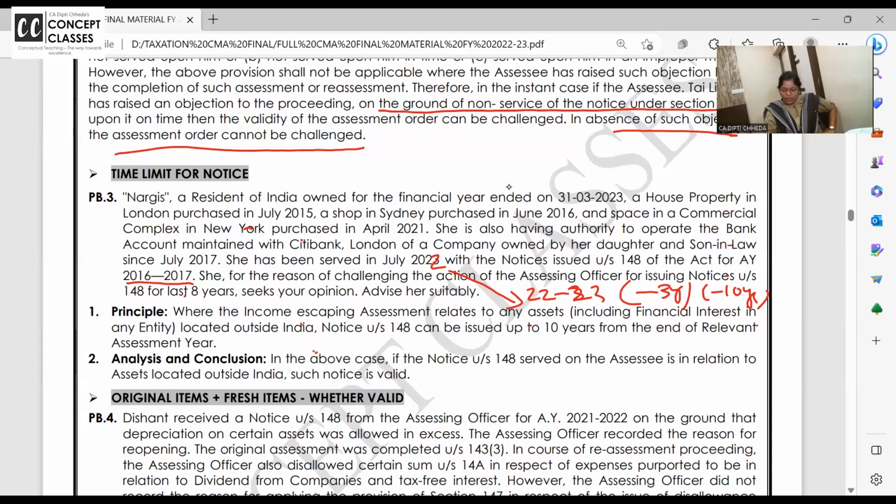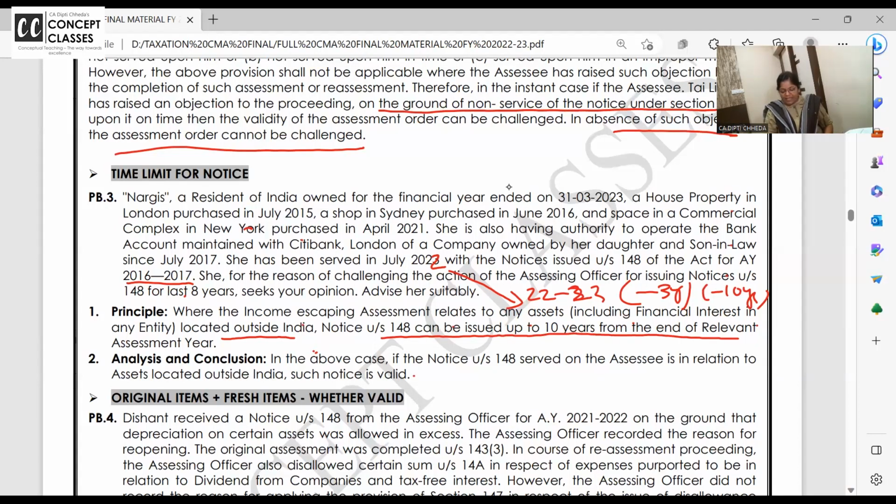So where income escaping assessment under 147, including financial interest, like a share in a partnership, is located outside India, notice under 148 can be issued up to 10 years. So okay, July 22 means July 2012, from year 12-13 you can issue the notice.